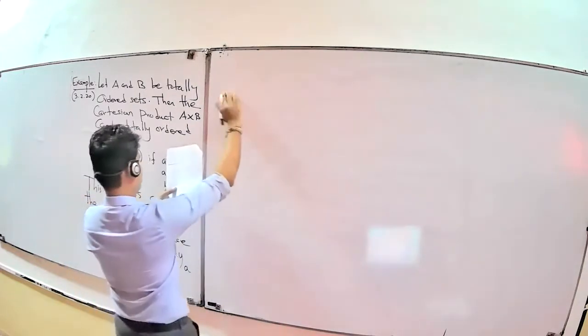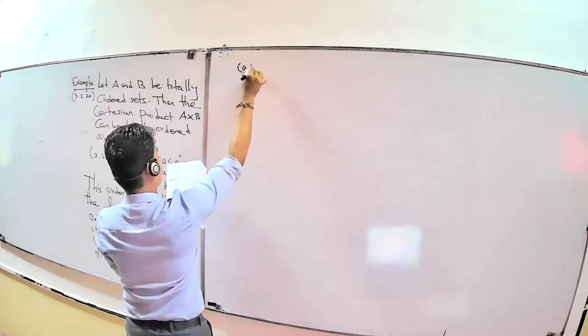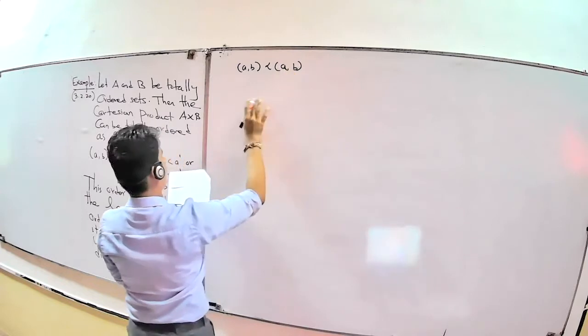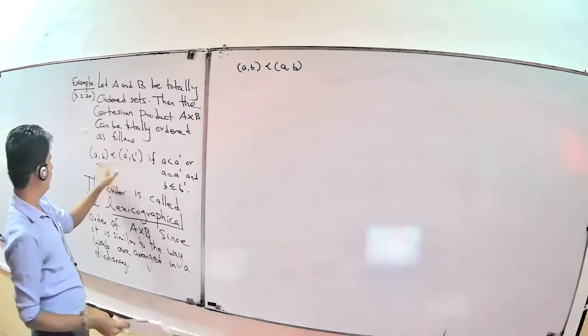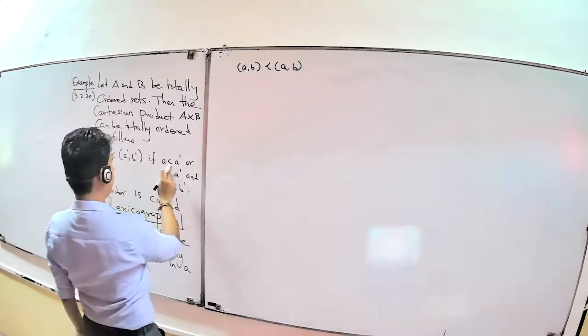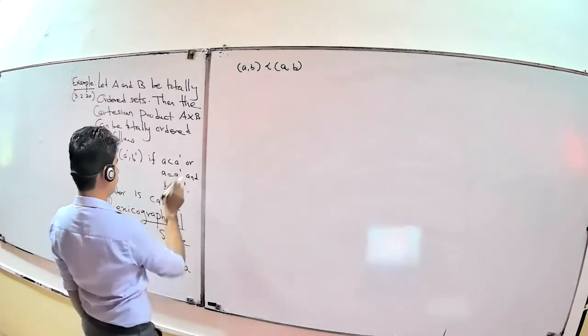First, (a, b) precedes (a, b). From these two conditions, suppose (a, b) precedes (a, b): a less than a dash is not possible, a less than a is not possible. Therefore, a equals a dash, and a equal to a is possible.